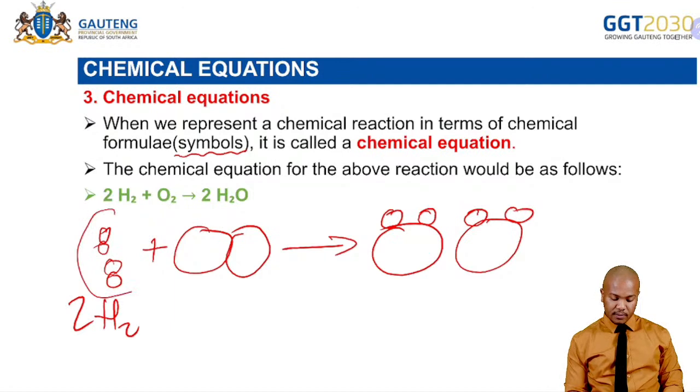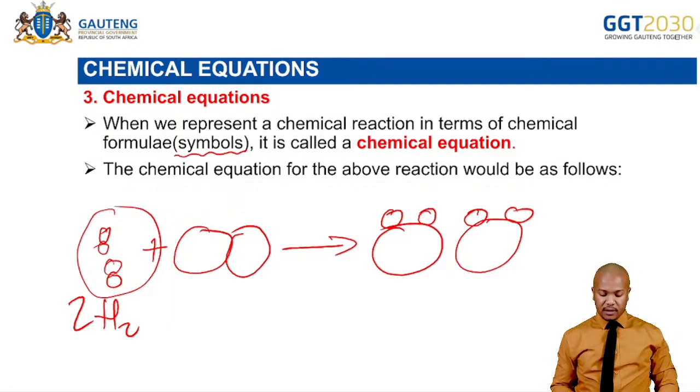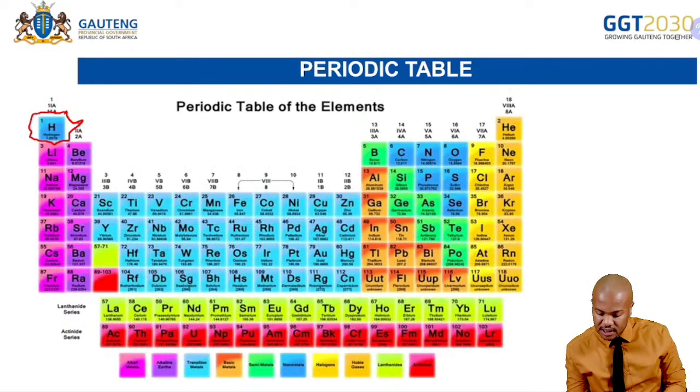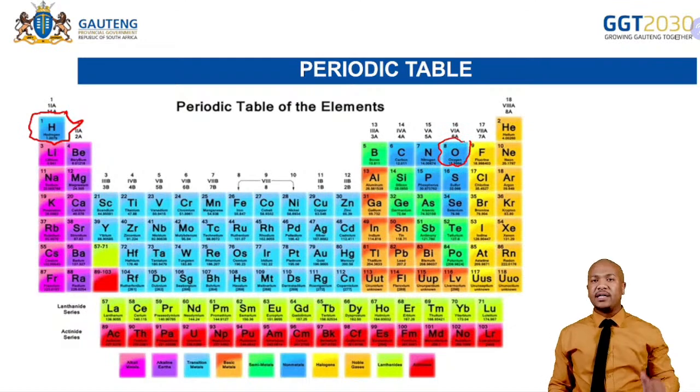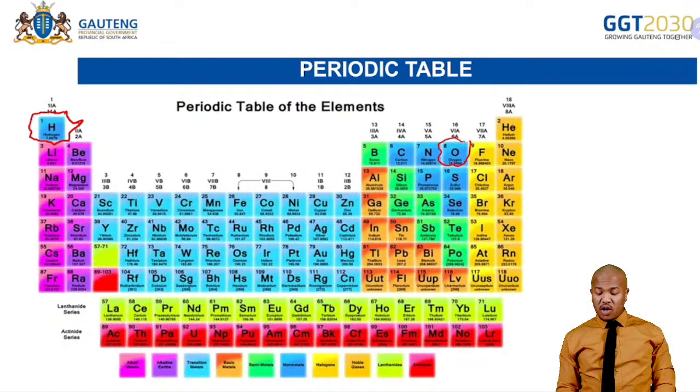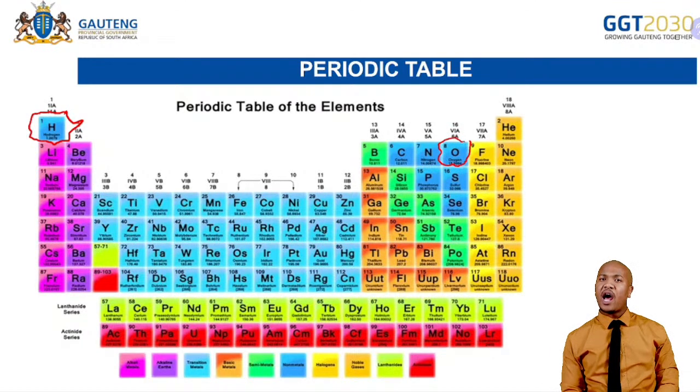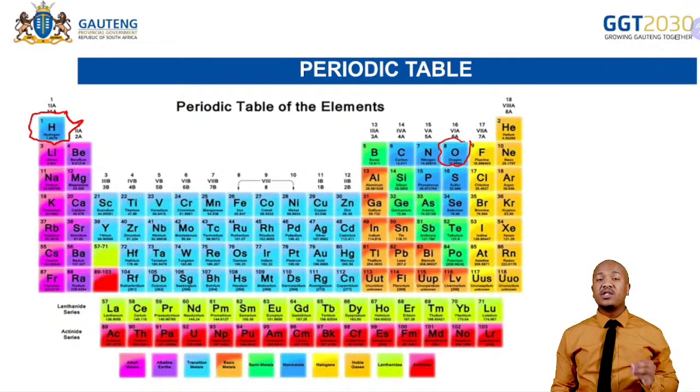These ones, right? And going forward, look at the element oxygen. It is placed at number 8. So it means that this oxygen is bigger than what? Hydrogen. Hence, you see the oxygen being represented as the bigger molecule. Now let's move on.